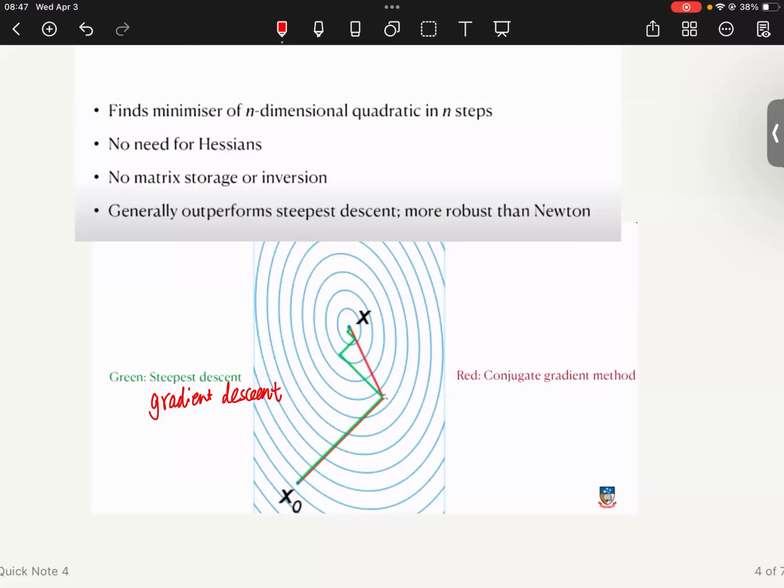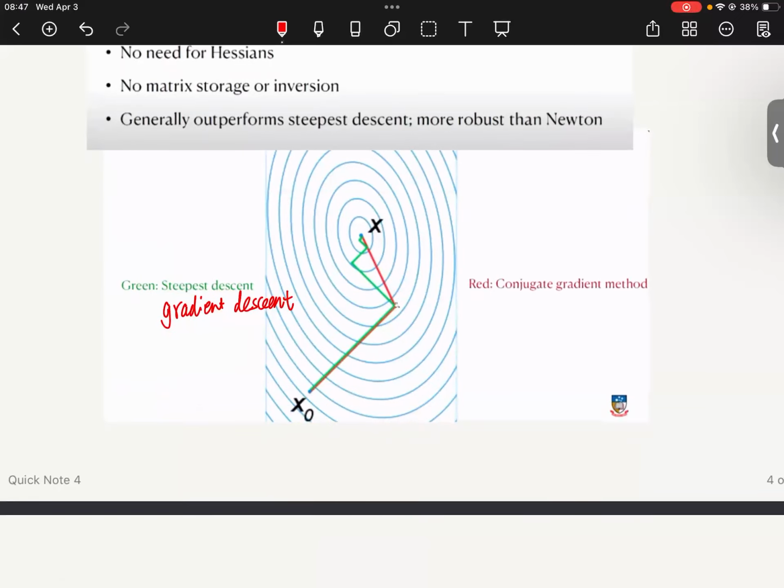Next class, I will tell you how we determine the gradient descent direction and how we determine the conjugate gradient directions. I think we can have an early release today, 3 minutes earlier than the scheduled end time.